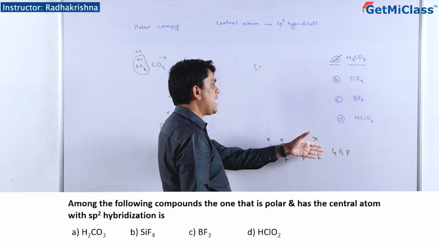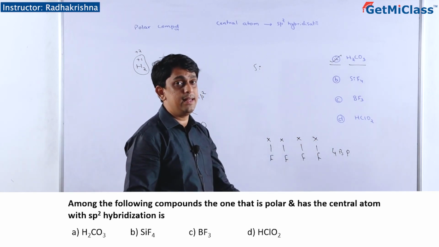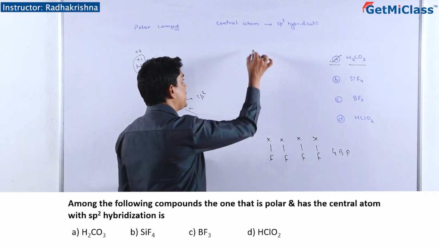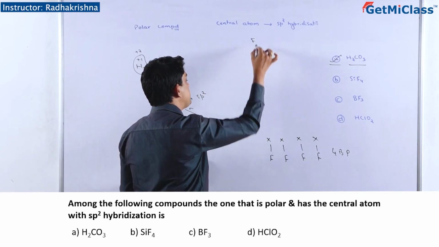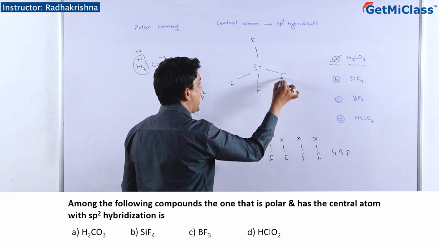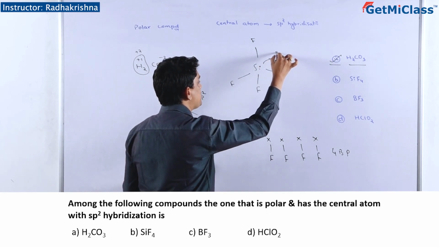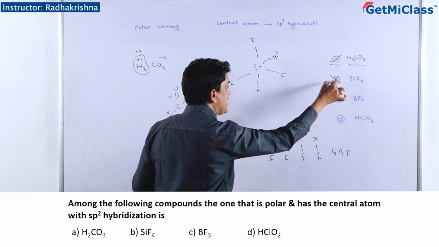I know SiF4 is like CH4, 4 hybrid orbitals. It has a tetrahedral geometry. Let me show you the tetrahedral geometry. First of all, you have 4 bonds, 1 and 3, it is sp3 hybridized, so it cannot be the answer.